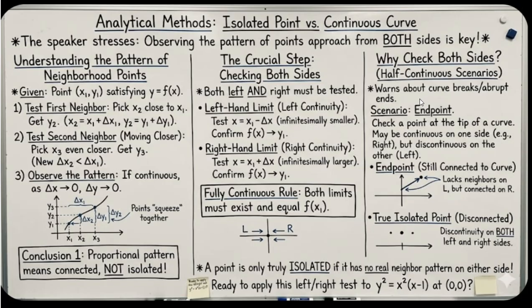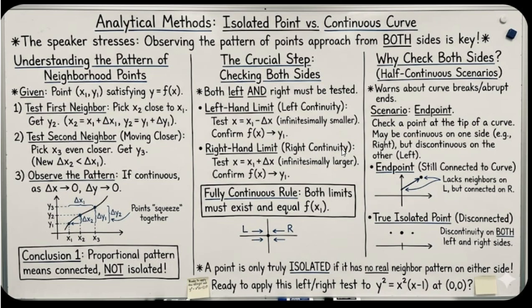Why? Let us assume that there is no left continuity. If I say the point is isolated, you still need to check right continuity, because there may be closely associated points on the right side also.